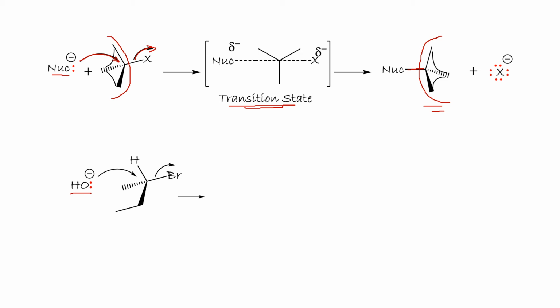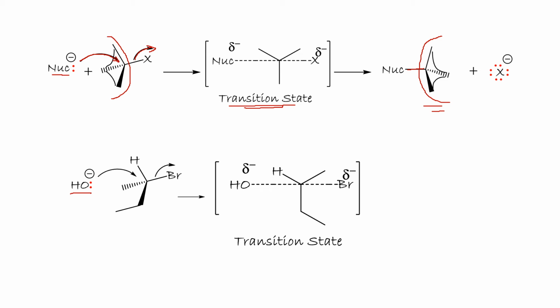The nucleophile approach gives a transition state, and here we have inversion of configuration. We started with S-2-bromobutane, and we get R-butan-2-ol. So from S configuration to R configuration, inversion of configuration, and Br of course out.